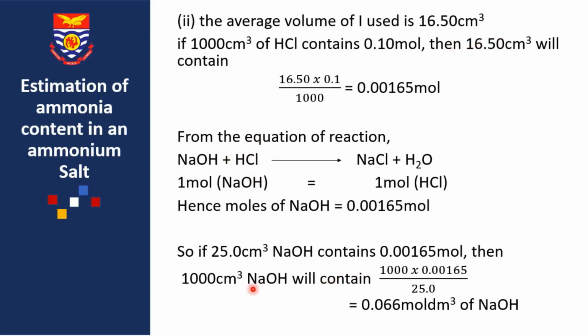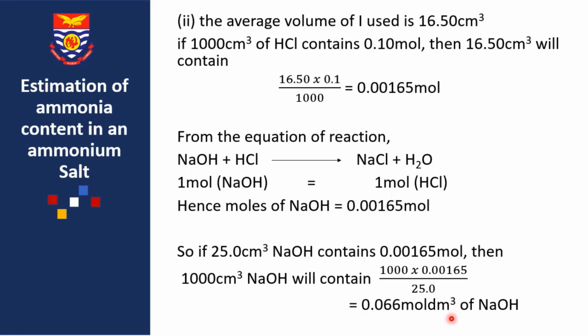So if 25 is equal to 0.00165, then 1000 is equal to x. We do this and we have 0.066 molar sodium hydroxide. So this is the excess of the sodium hydroxide.